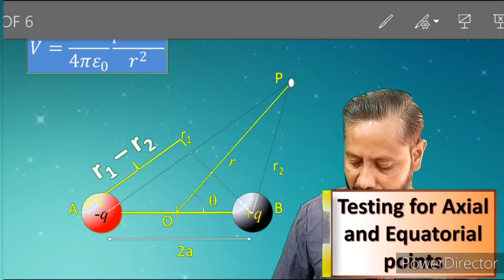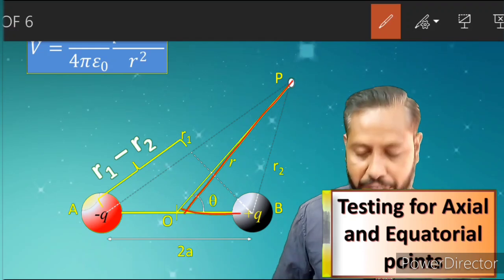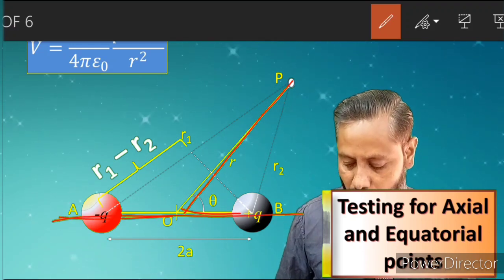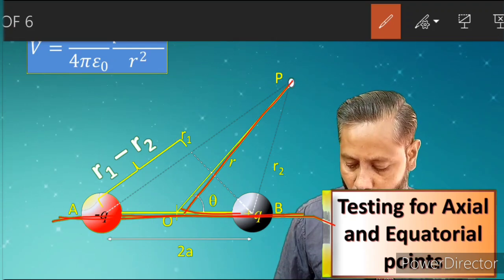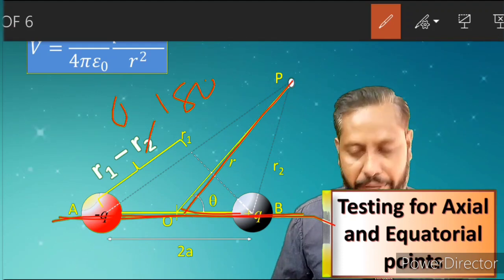First, theta is the angle between the position vector and the dipole moment. For the case of an axial point, theta will be equal to 0 or 180.